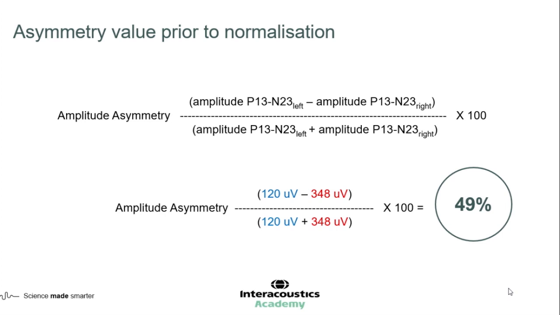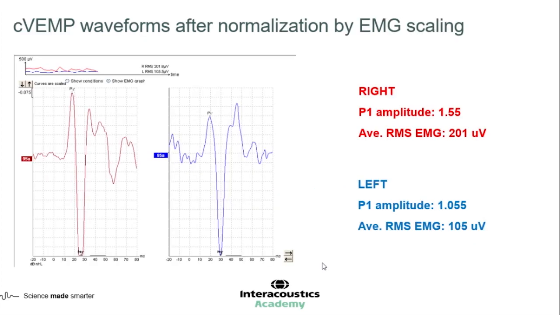So again, maybe we're thinking, okay, that could be something pathological. Maybe we've got either an augmented response on the right-hand side, a larger response, and again, we can talk a little bit more in detail about what that might be, or maybe we've got an inhibited response on the left-hand side.